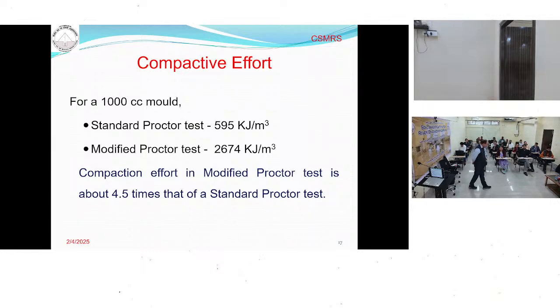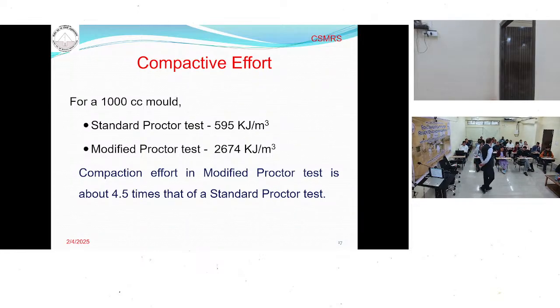Very good. It will again depend on the height of the dam. More the height, more the compaction required. So normally, if the height is up to 30 meters, we go for the standard Proctor test. But if the height of the dam is more than 30 meters, then we will go by the modified Proctor test.